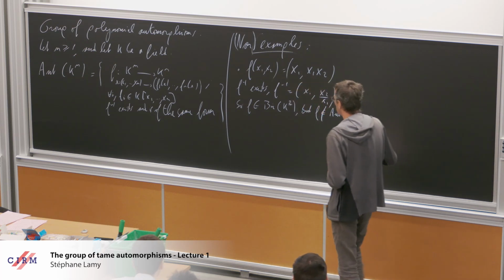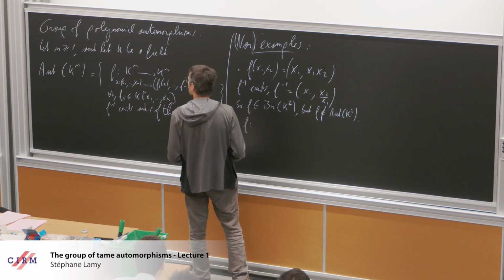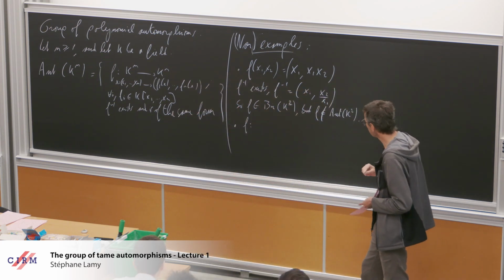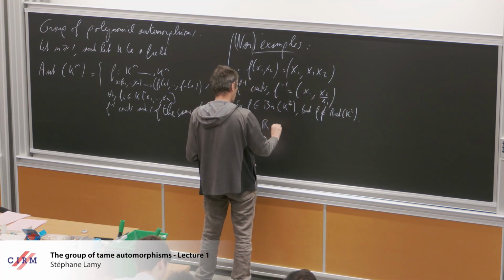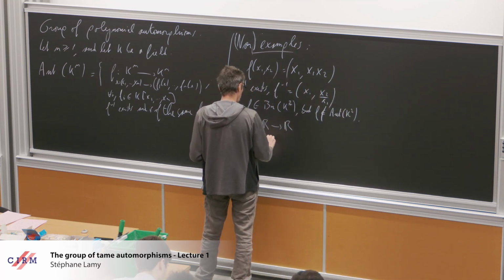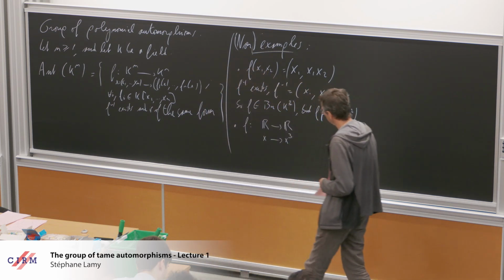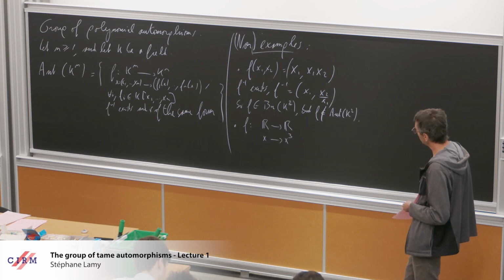Another one which is not good. Let's take k to be the field of real numbers, and just in dimension 1, sufficient to give the example. You go from R to R, and you take x to the cube. Okay, so it's polynomial. It's bijective.